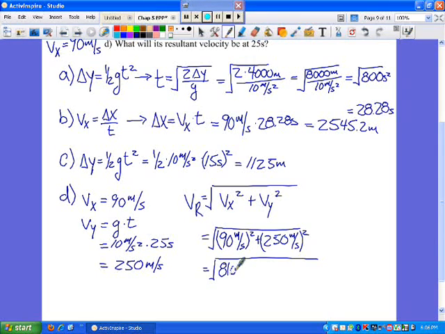Upon plugging in the numbers, we end up having 8,100 meters squared per second squared plus 62,500 meters squared per second squared.